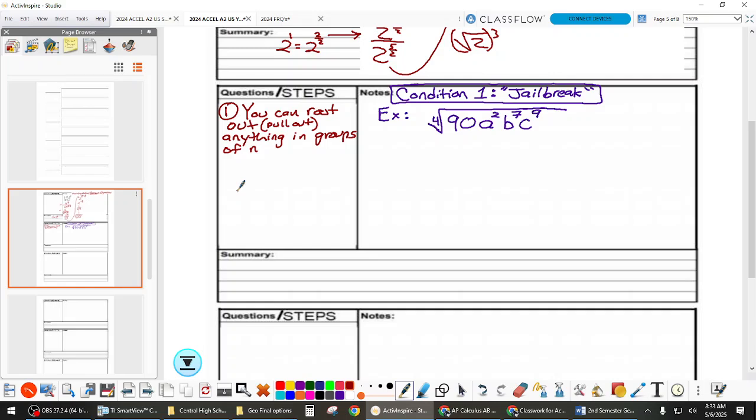How many? Well, let's prime factor the 90.